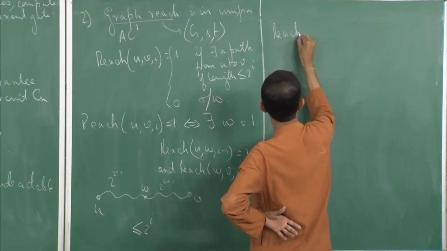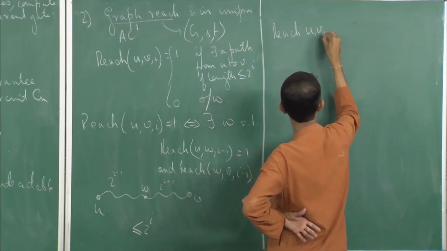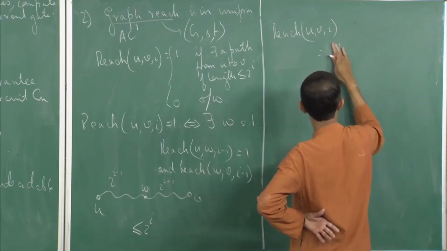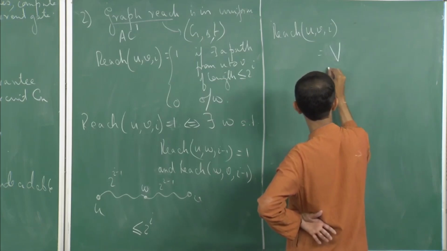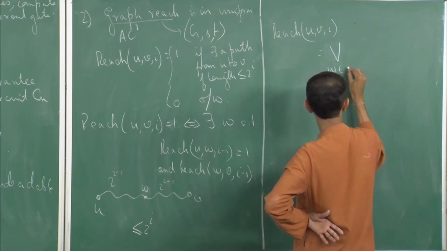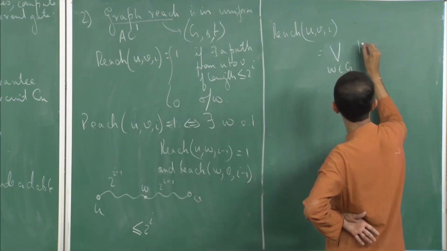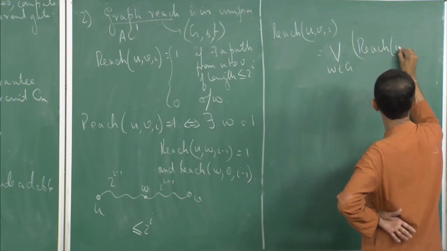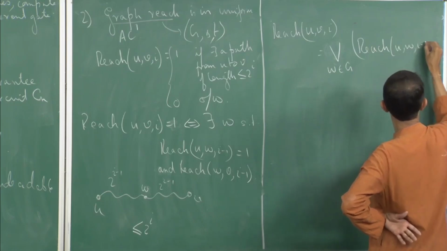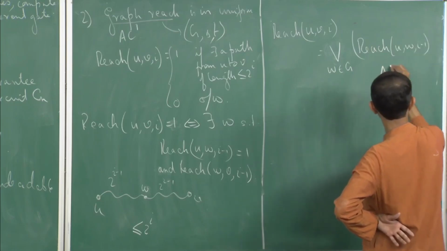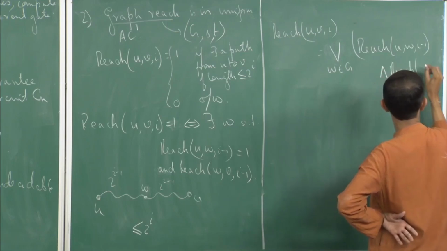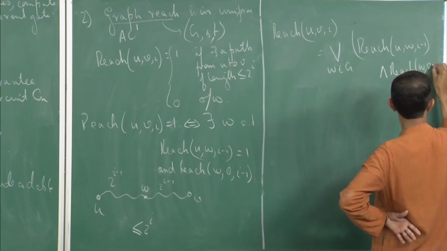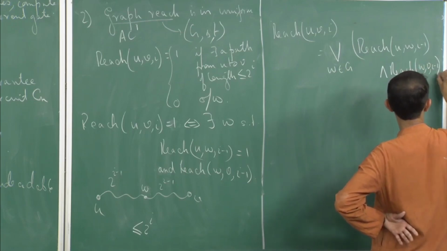So reach U V I is equal to, I take an OR over all W in G of reach U W I minus 1 and reach W V I minus 1.